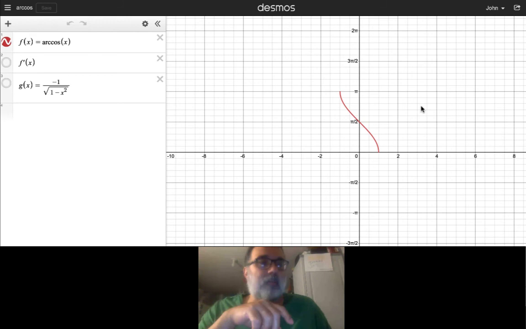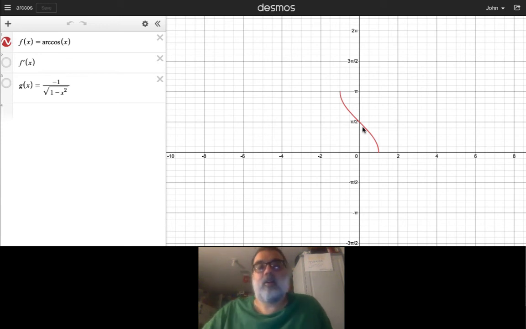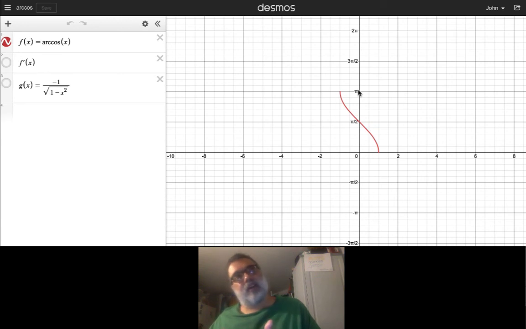So previously in Desmos, I put in these functions so we could look at them quickly. The arc cosine looks like the cosine function flipped over the line y equals x. Some things to notice: we put in a number between negative 1 and 1, and we get out an angle between 0 and pi. We could have negative values too.